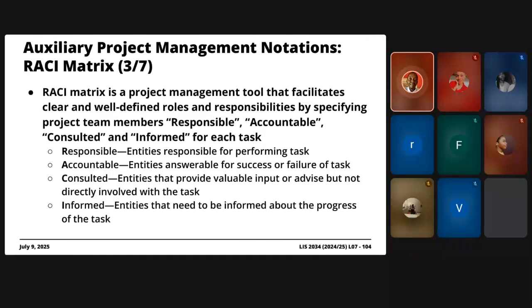So your so-called RACI matrix really is a project management artifact or tool that facilitates clear and well-defined roles and responsibilities by specifying project team members who are responsible, accountable, consulted, and informed for each and every task.